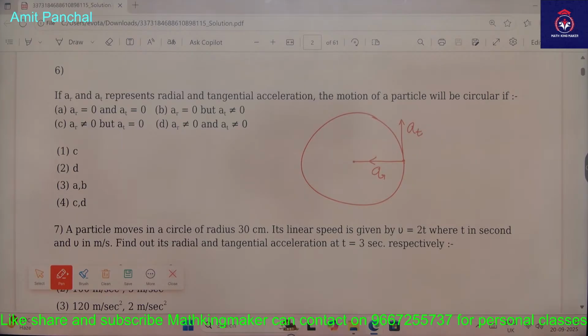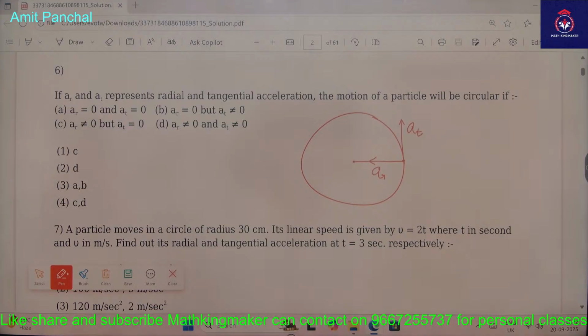Because in D, your radial acceleration is not 0, since it is necessary to keep the particle moving in a circular path. So in option D, the particle is still moving in a circle, but not in a constant circular motion.